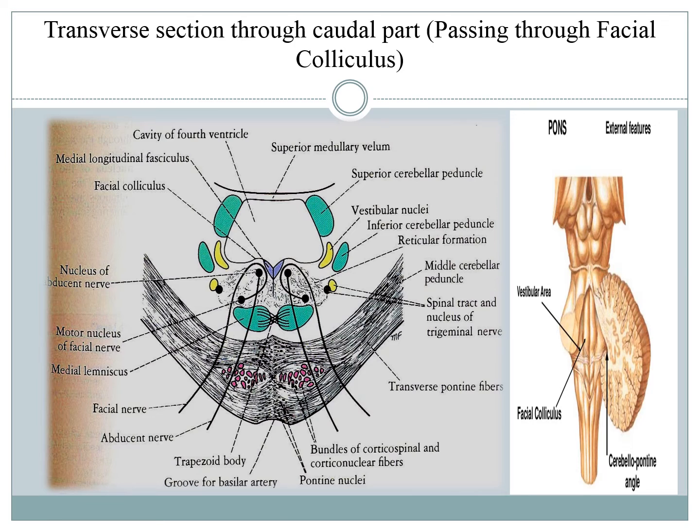The caudal one passes through the facial colliculus. Here, the inferior end of the median eminence, which is expanded, is called the facial colliculus. This caudal section is at the level of the facial colliculus. First, we will discuss the tegmentum and then the basilar part.